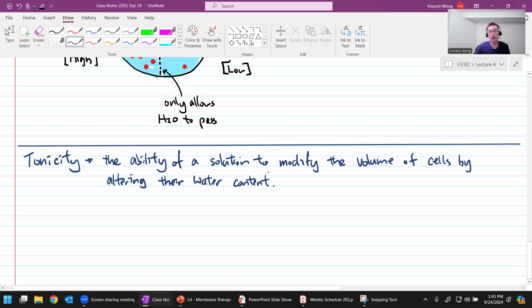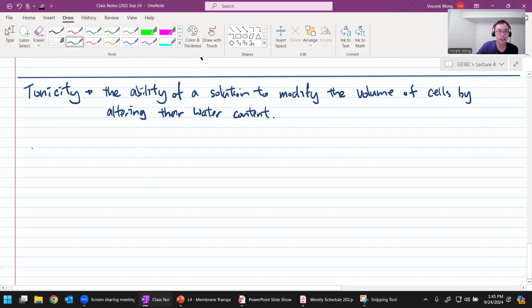So depending on what kind of solution you put a cell in, the cell is going to behave differently. Sometimes it's going to get bigger, sometimes it's going to get smaller, sometimes there will be no change. And that's what we're going to write down for this note.